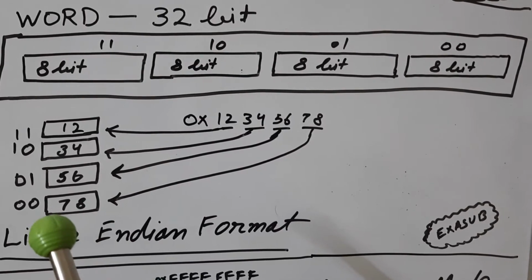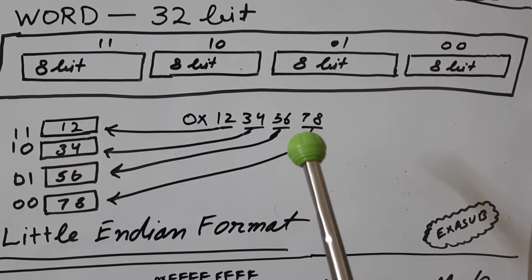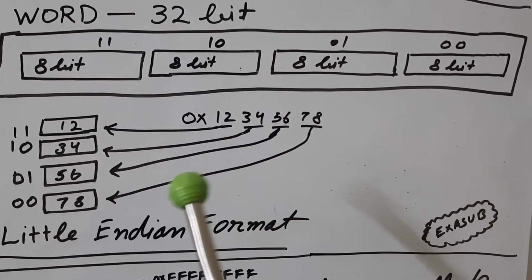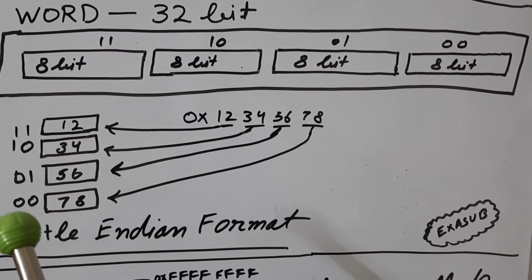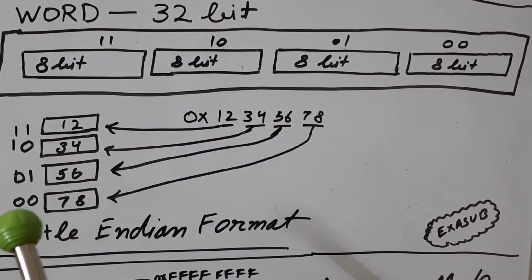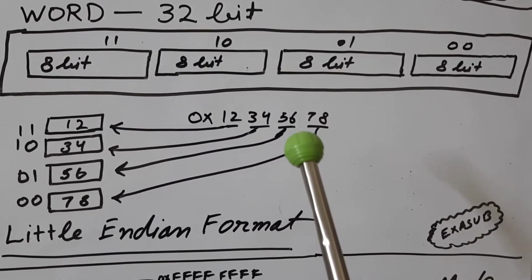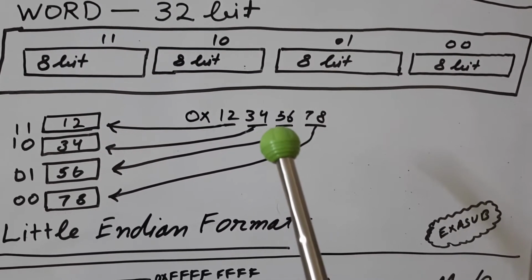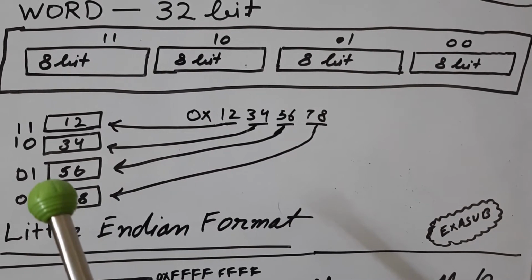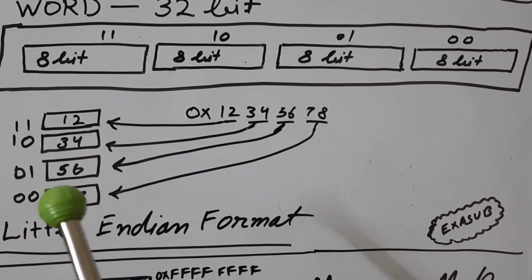78 is the LSB pair, and it goes into the lowest memory address, which is 00. Then the next higher pair is 56, which goes into the next memory location, which is 1.